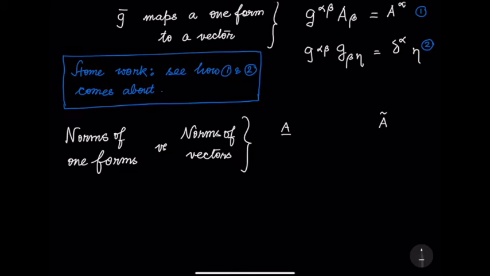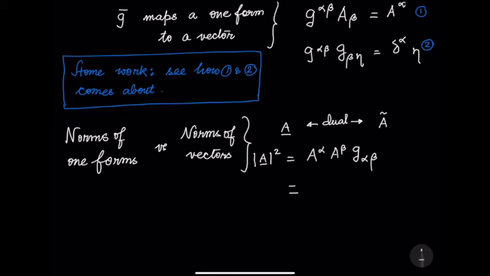So they are dual to each other in the sense we have discussed earlier. Okay, the norm of the vector A is defined this way, which if I write in terms of the components of vector A, it is this.